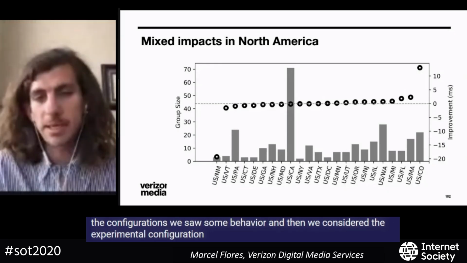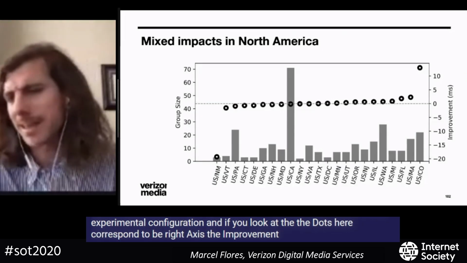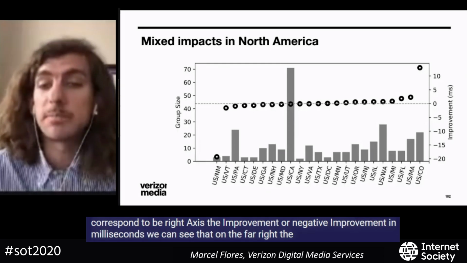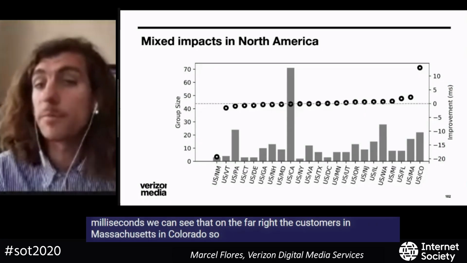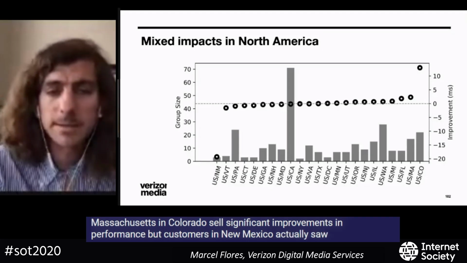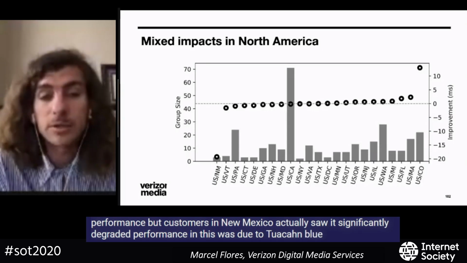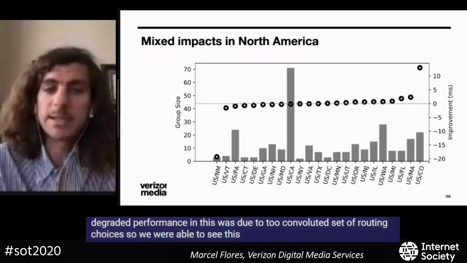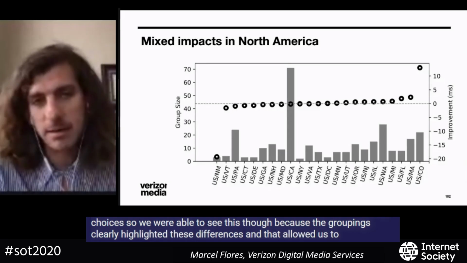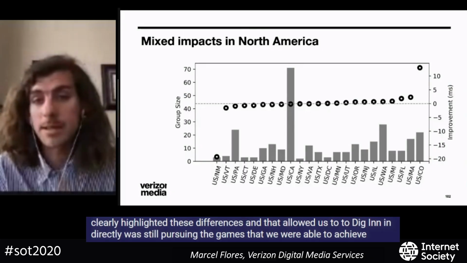If you look at the dots here, they correspond to the right axis, the improvement or negative improvement in milliseconds. We can see that on the far right, the customers in Massachusetts and Colorado saw significant improvements in performance, but customers in New Mexico actually saw significantly degrading performance, right? And this was due to a convoluted set of routing choices. So we were able to see this, though, because the groupings clearly highlighted these differences. And that allowed us to dig in and address these directly while still pursuing the gains that we were able to achieve on the right there.